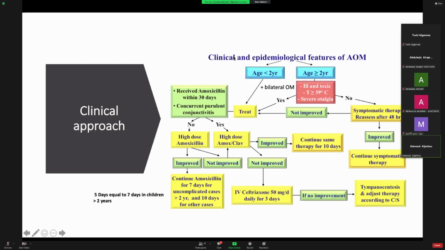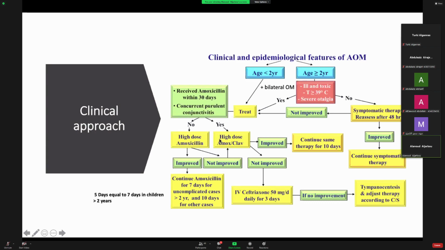Now the choice of treatment. Usually for otitis media, the antibiotic of choice is high-dose amoxicillin. But if the patient has a high risk of resistance, because they used amoxicillin within the last month, or they have concurrent conjunctivitis, we think about Haemophilus influenzae, which usually has some resistance to amoxicillin.